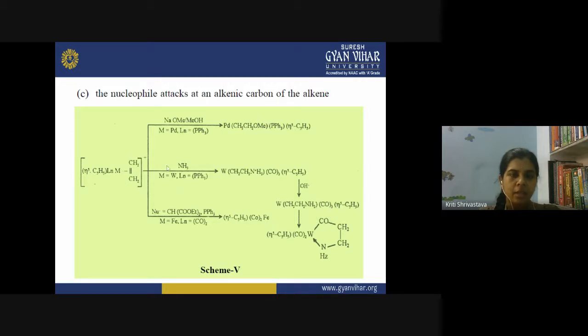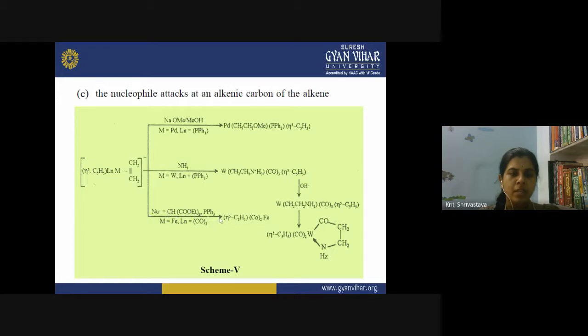Then in case of ammonia, when my metal is tungsten, and the ligand is again triphenyl phosphine, again what happens here? The alkenic carbon has reaction over it, and the NH2 group is inserted on the alkene carbon. Then again, if my metal is iron and the ligand is carbonyl 2, so the nucleophile is what?